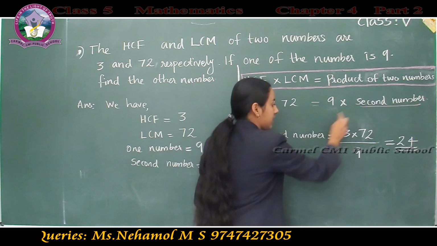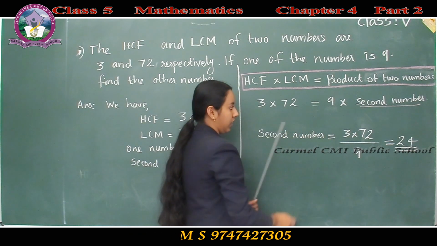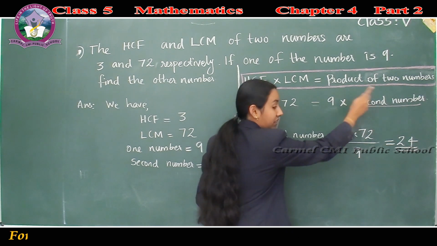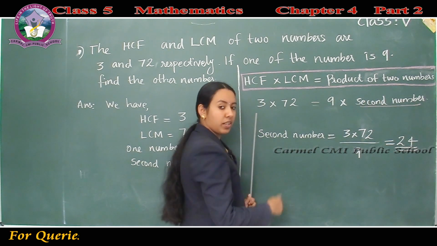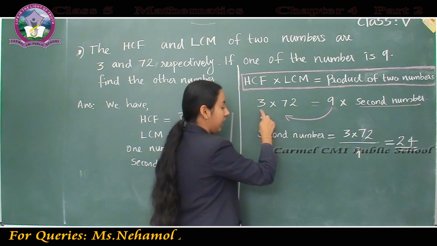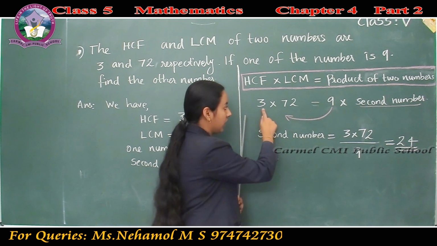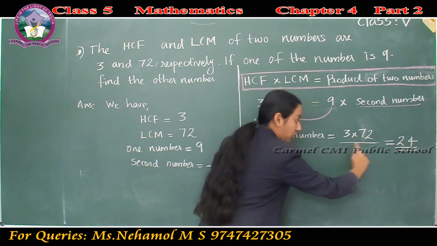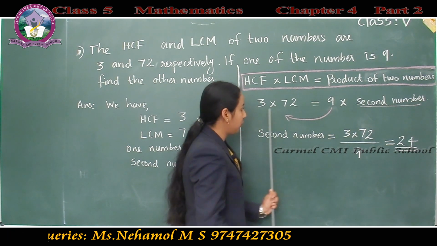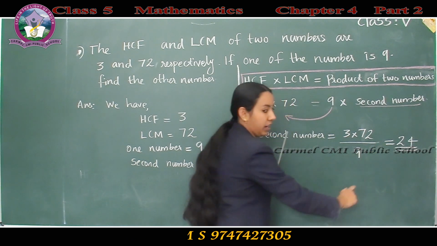To find the second number, take this 9 to this side. Here 9 is multiplied with the second number. Since it is multiplied, take this 9 to this side and divide. Second number is equal to 3 into 72 divided by 9.